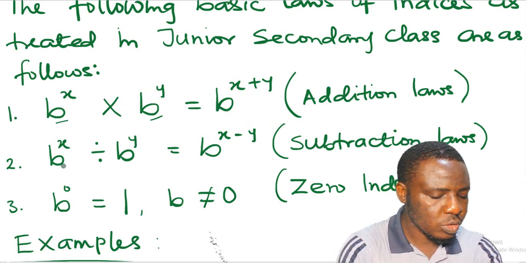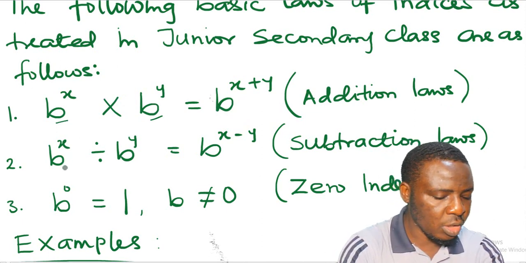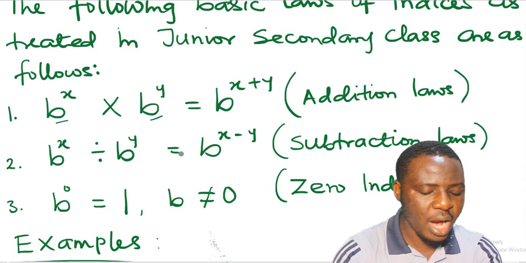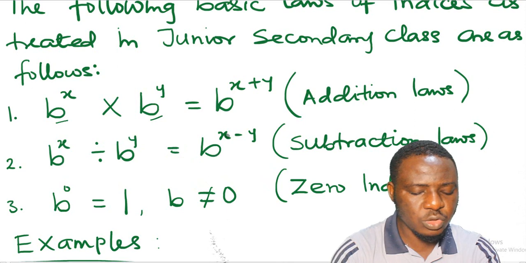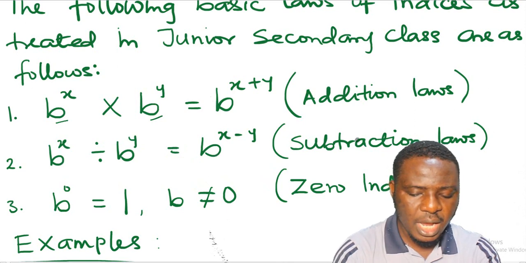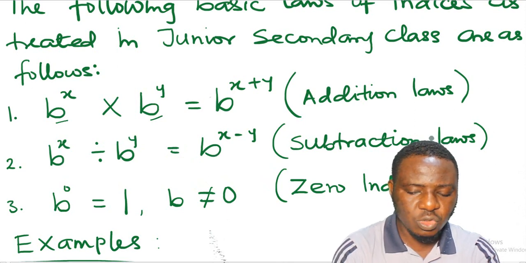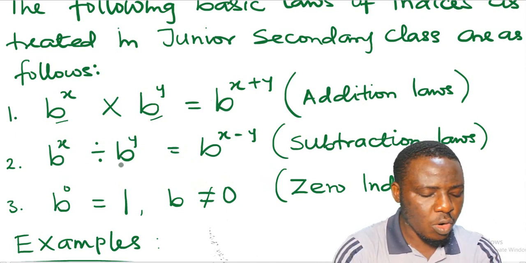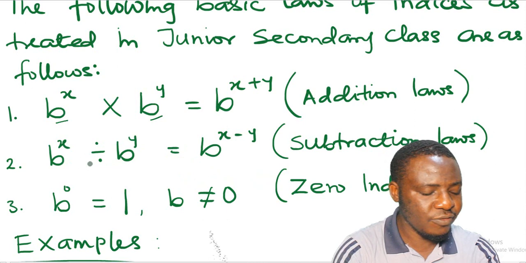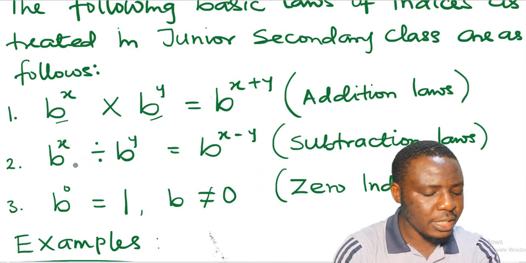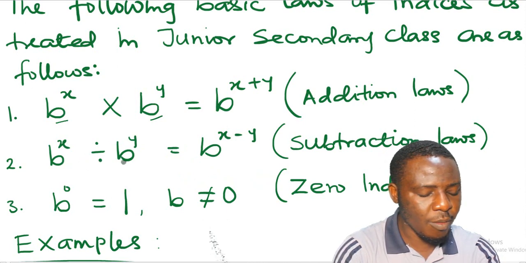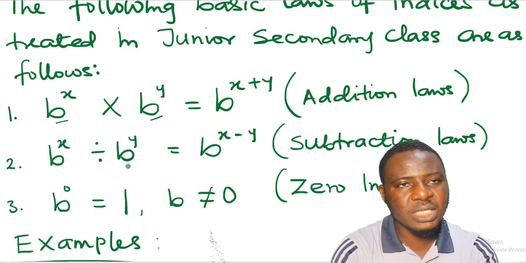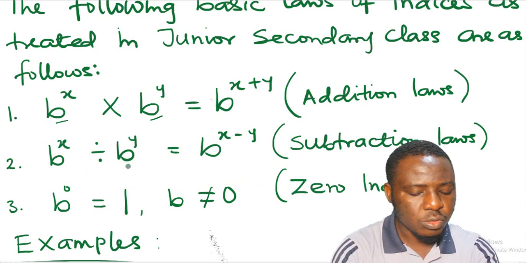Also, the second law: b raised to the power of x divided by b raised to the power of y is equal to b raised to the power of x minus y, and we refer to this as the subtraction law. Meaning, if the bases are equal and you're asked to divide one index by the other, you simply subtract the powers of the base.